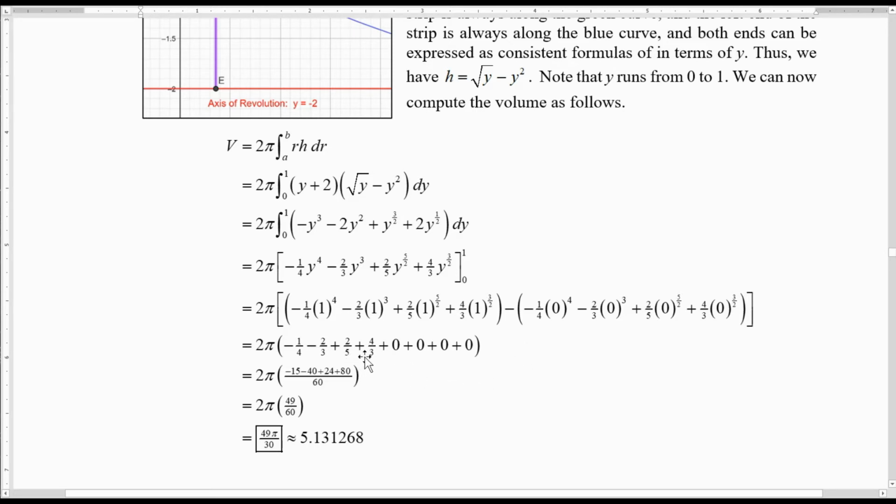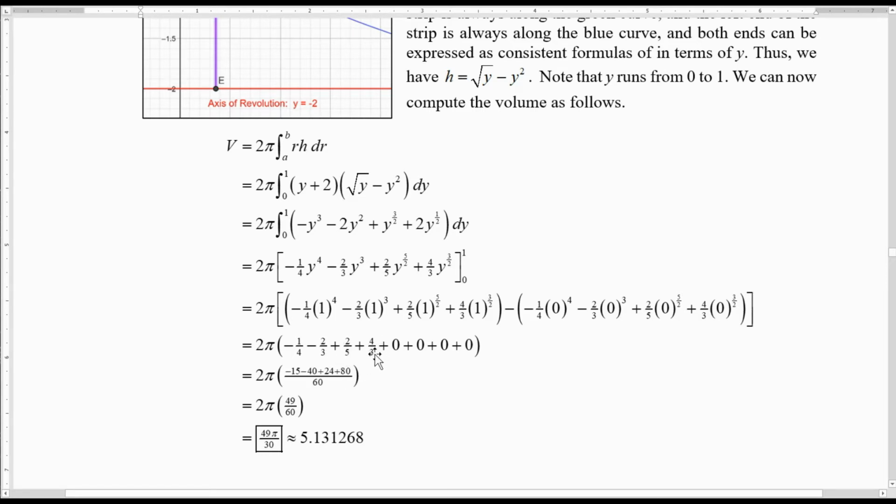The zeros go away. Now we get a common denominator of 3 times 5 times 4, which is 60. Here we're going to multiply top and bottom by 15 to get there, so that's negative 15 for the numerator. Here we're going to multiply top and bottom by 20, so 20 times negative 2 is negative 40. Here we multiply top and bottom by 12 times 2 is the 24.